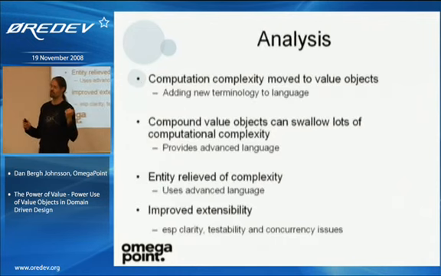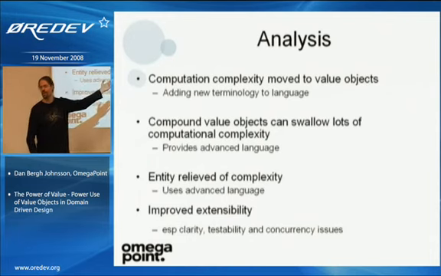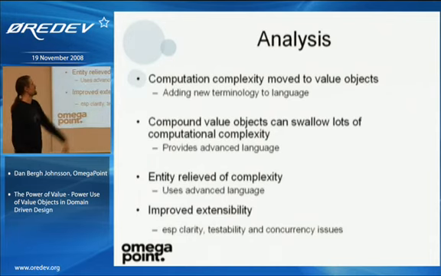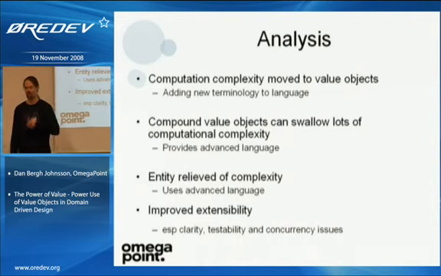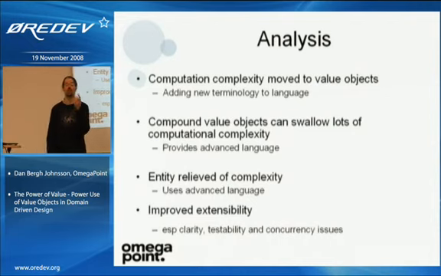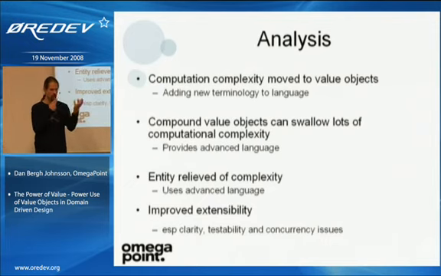And, well, that's kind of like the analysis where we started with. We have computational complexity moved to value objects, adding new terminology to language. We got compound value objects that swallow a lot of computational function complexity by providing like an advanced language, both spoken language and API-wise.